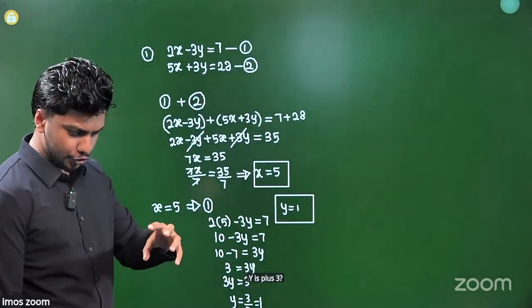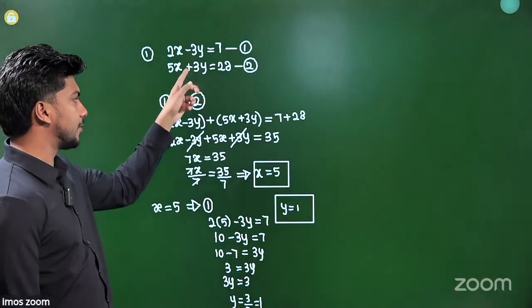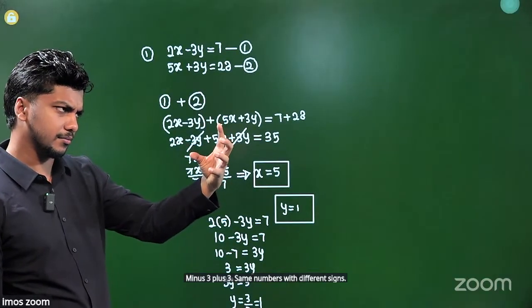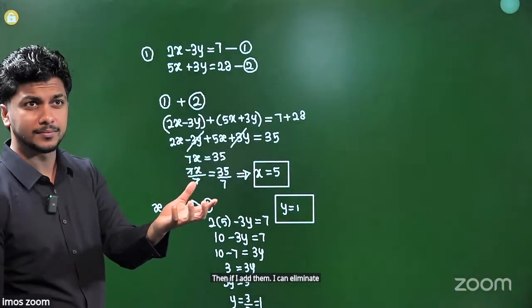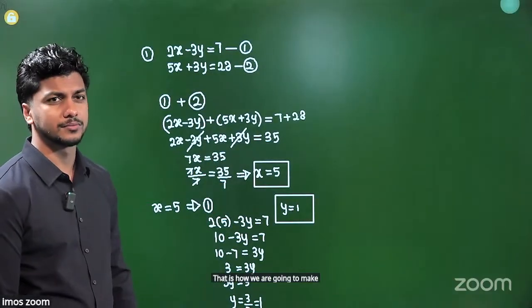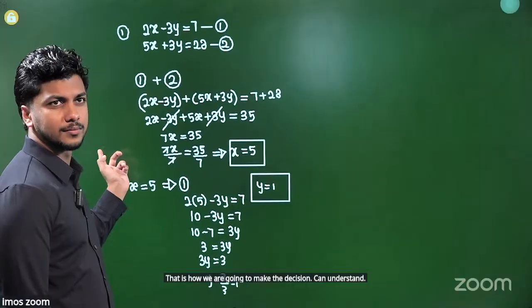If I want to eliminate y, -3 + 3, same numbers with different signs, then if I add them, I can eliminate them. That is how we are going to make the decision. Can you understand? Thank you, sir. Okay.